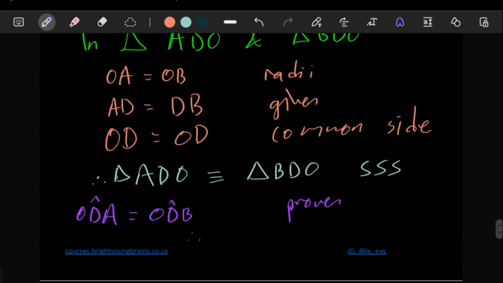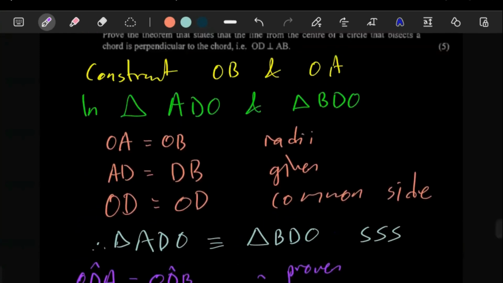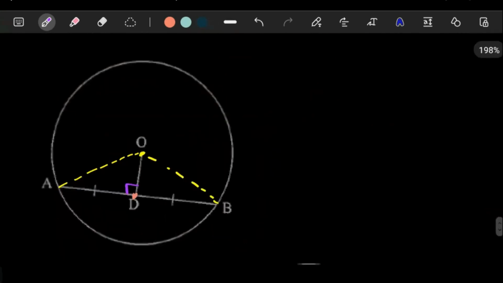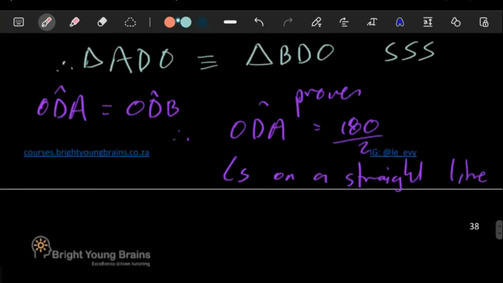So you can say therefore ODA is equal to 180 divided by 2. The reason is angles on a straight line. So because you've proven that one of the angles is 90 degrees, you've proven what they're asking you here. So you can almost write it as a conclusion.